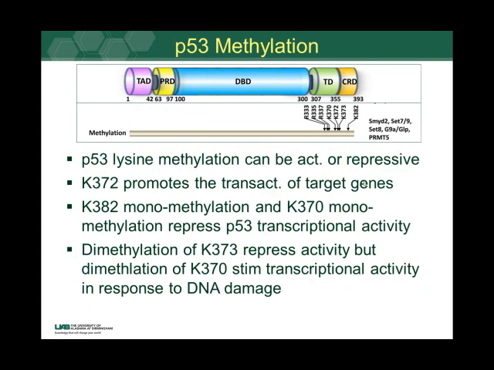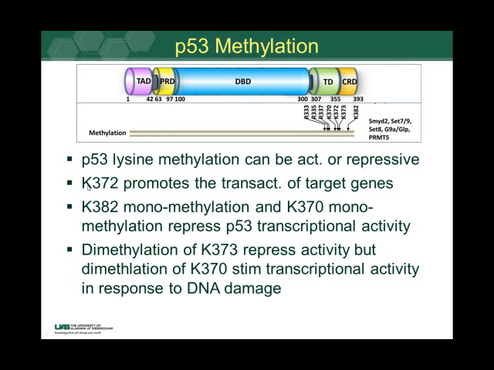Methylation also serves a critical role in post-translational modification of p53. Methylation occurs on lysine, which is K, and arginine, which is R. Again, it occurs in the tetramerization domain and the C-terminal regulatory domain. Methylation can either cause p53 to be activated or to be repressed.